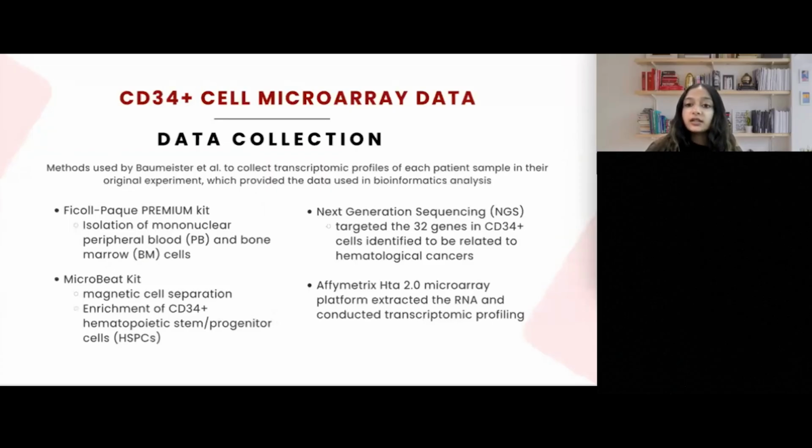Next, 32 genes associated with hematological cancers were targeted with next-generation sequencing. And finally, the RNA transcripts were extracted and transcriptomic profiling was conducted with the Affymetrix HTA 2.0 microarray platform, and then the results were deposited in NCBI.